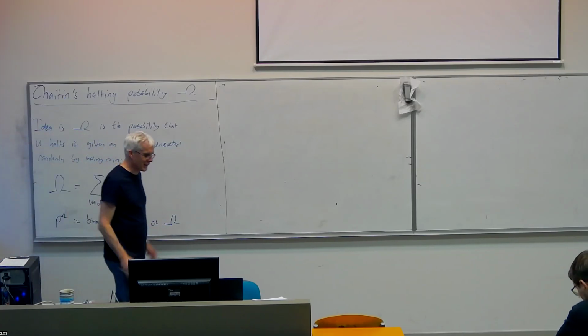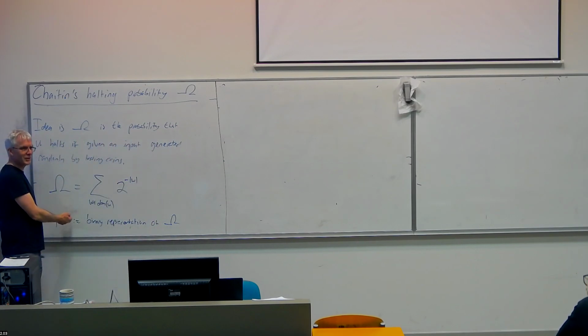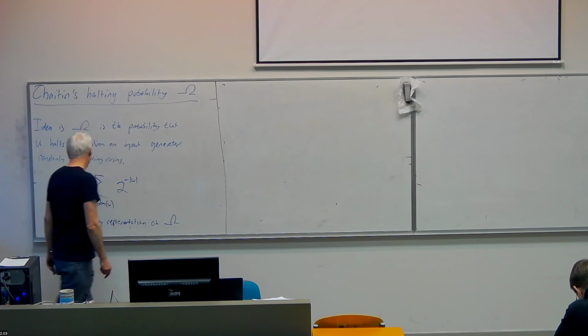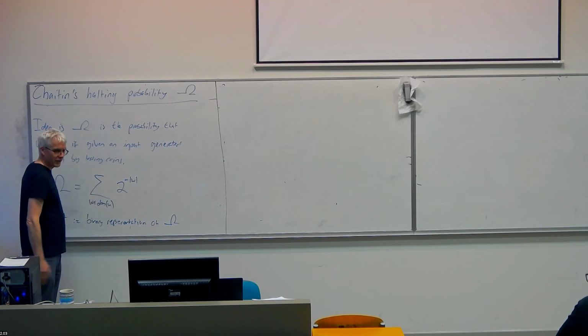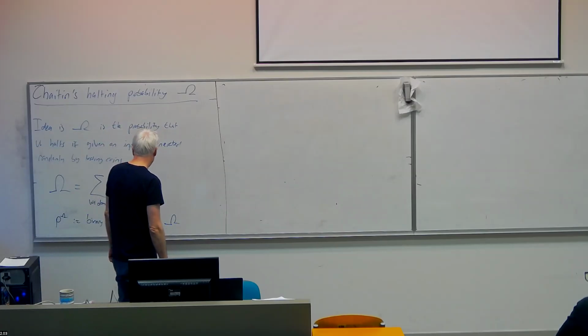I don't remember exactly, but you can get that sort of information out of it. So conversely, you can imagine it's very hard to determine what the bits of omega are. And if we know omega, we can also solve the Turing halting problem as well. There's a nice proof of that, but that would take us too far afield for today.